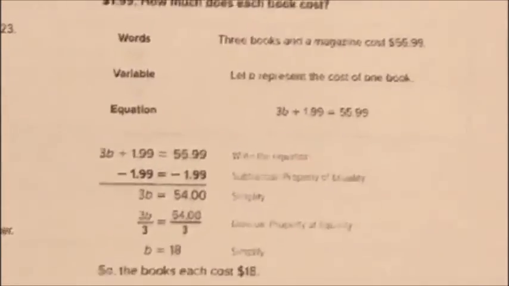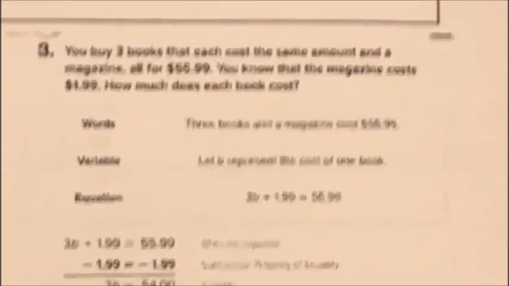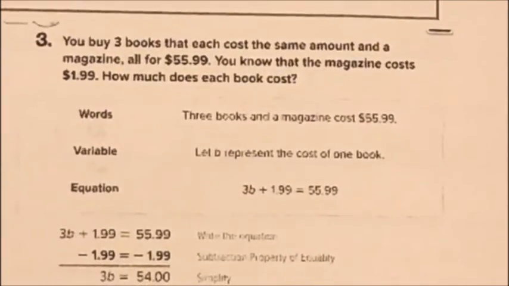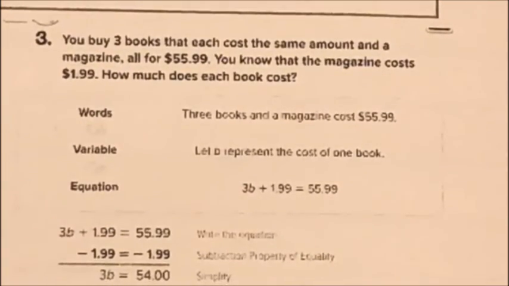Let's look at number 3. All right, number 3 says you buy 3 books that each cost the same amount and a magazine, all for $55.99. You know that the magazine costs $1.99. How much does each book cost?